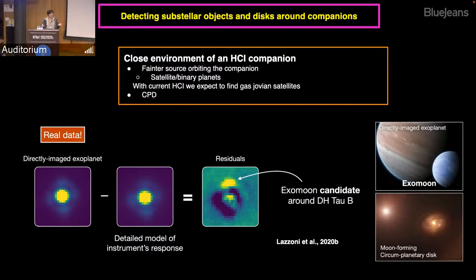The answer is theoretically yes, but it's hard to find it because we need to suppress not just the light from the primary source, but also the companion. So it's very challenging in the post-processing and also in the instrumental part.